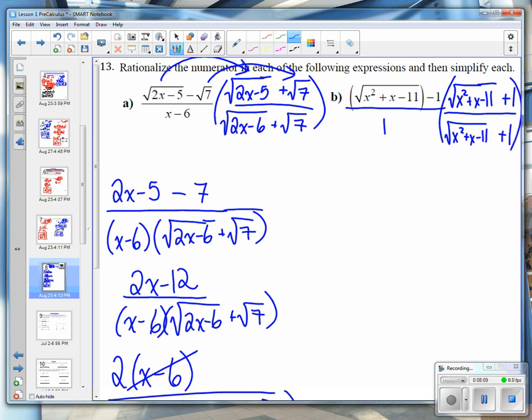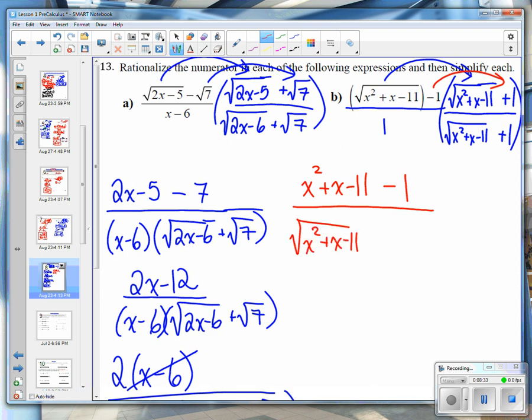Okay. Now when we go ahead and multiply through, this guy times this guy, nice and easy. I'll do this in a different color so you guys do not get things mixed up. It's just going to be x squared plus x minus 11. And then this guy times this guy is just going to be minus 1 over that denominator, root x squared plus x minus 11 plus 1.